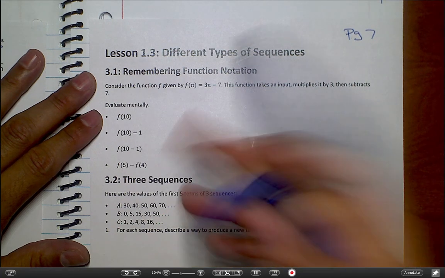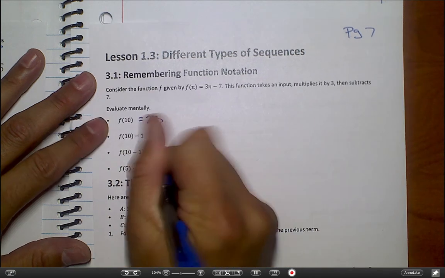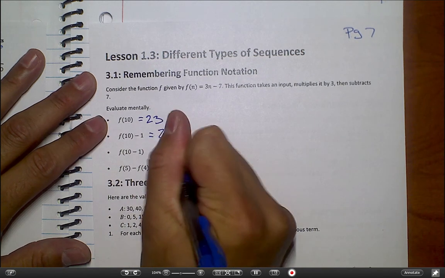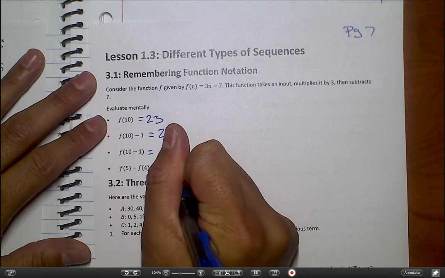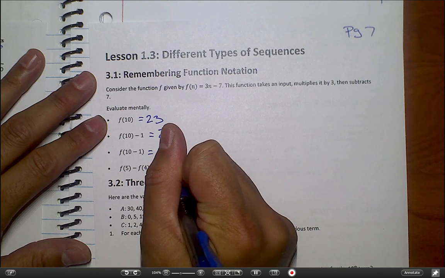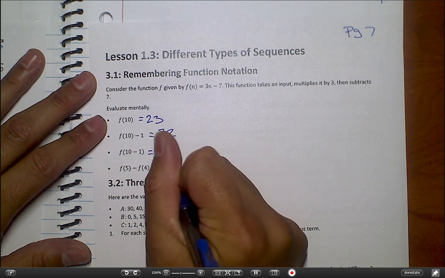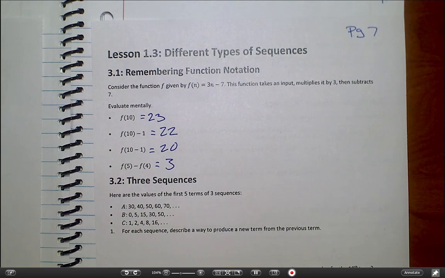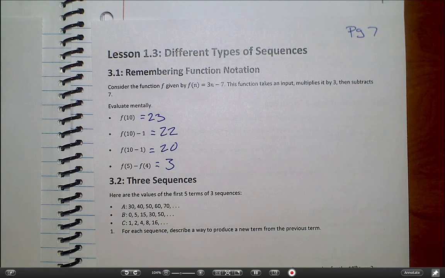So what did we get for the first one? 23. What do we get for the second one? What do we get for the third one? 20 or 21? 20. There we go. Last one? 3. Very good. All right, so that's what we did in class as we came in.